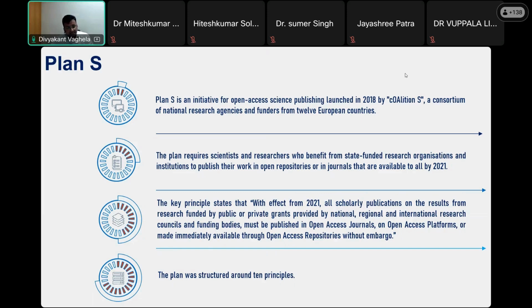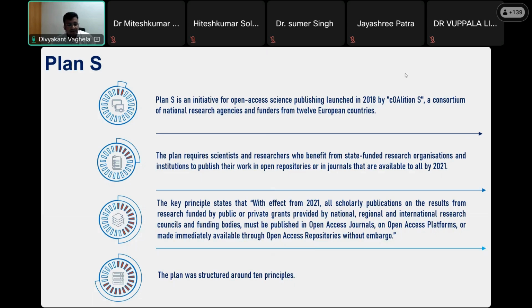Its key principle states that with effect from 2021, all scholarly publications that result from research funded by public and private grants provided by national, regional, and international research councils and funding bodies must be published in open access journals or open access platforms, and should be made available through open access repositories without any embargo period, which with effect from 2021 means now it is available to all.